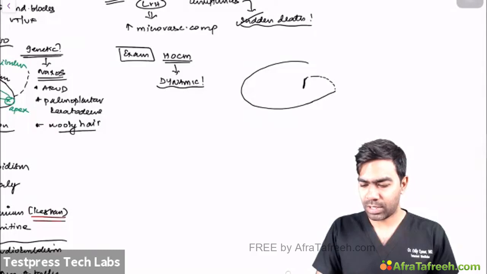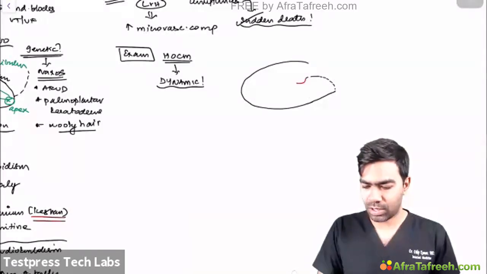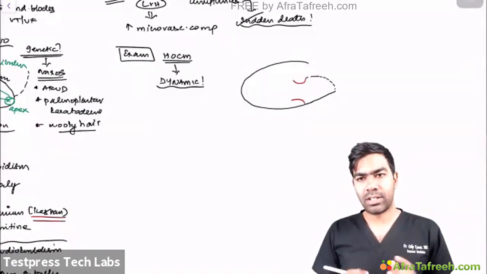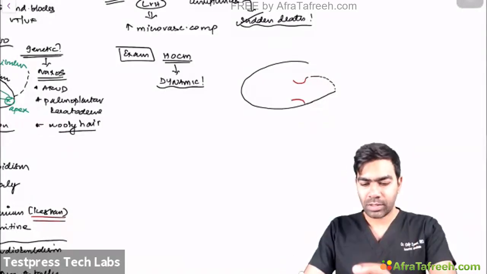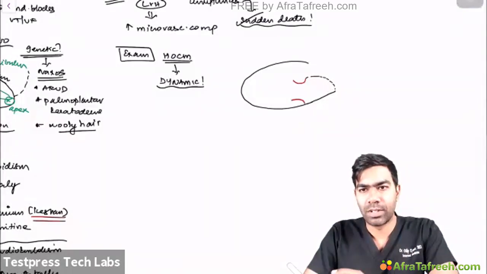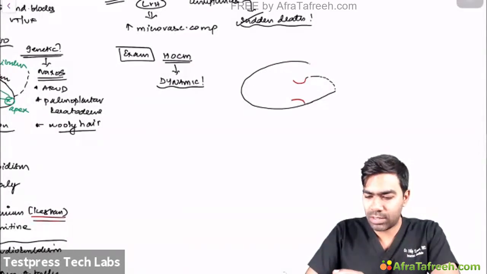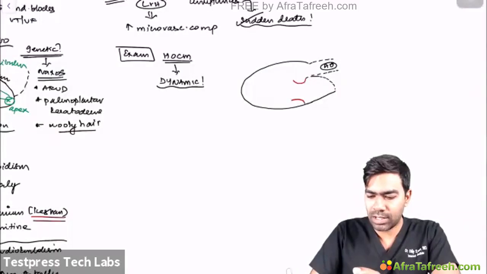And this is going to be the mitral valve leaflet, which I can draw in an open fashion. This is basically the parasternal long axis view. And you have this outflow tract here. This is the aorta, and this is the LVOT, left ventricular outflow tract.